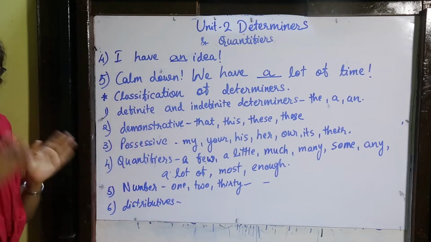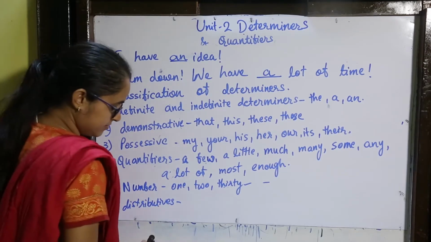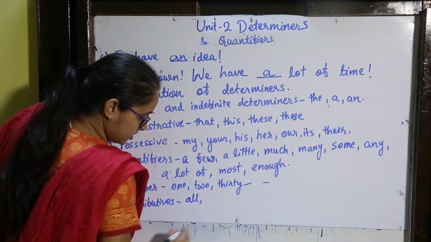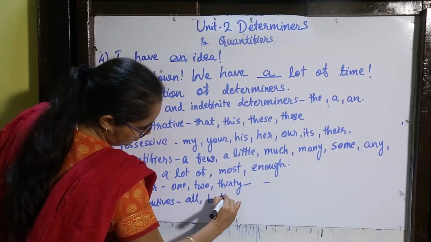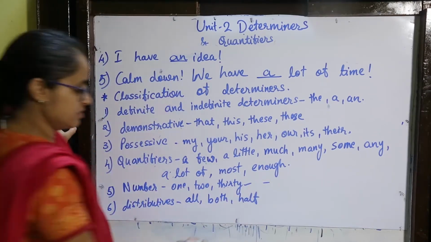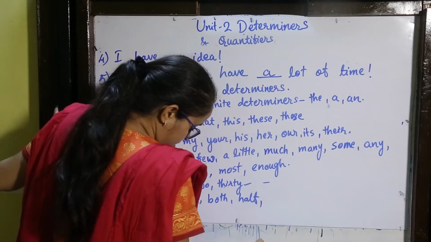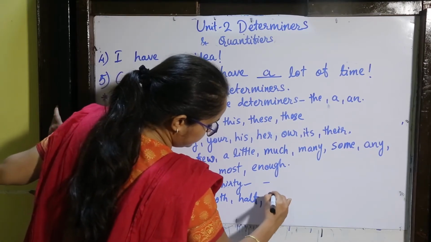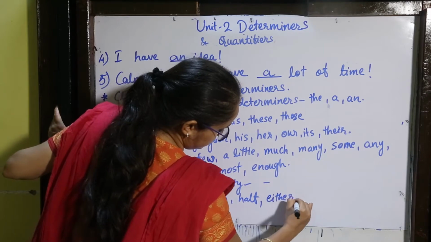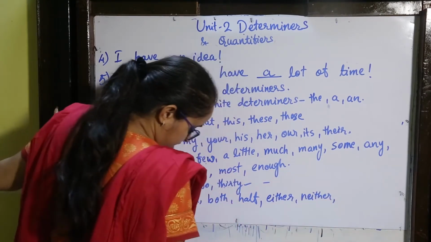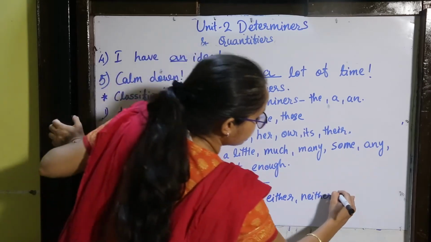All, both, half. These are the words which are used as determiners. Either, neither, each, every, several.